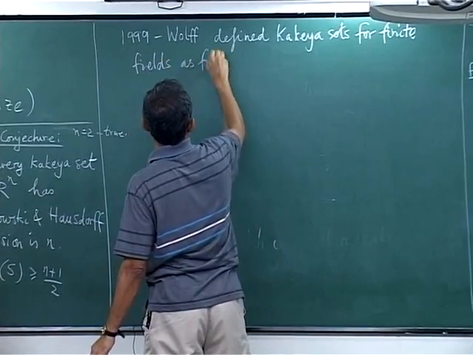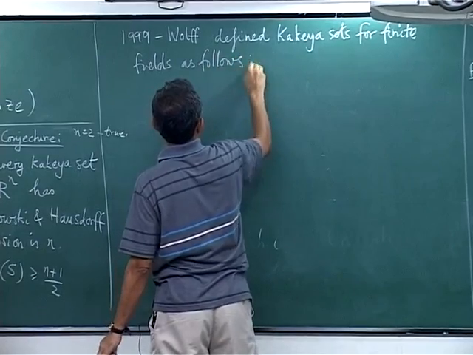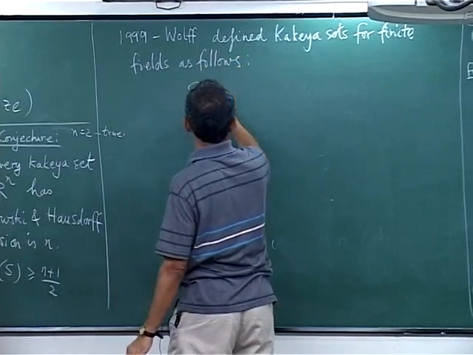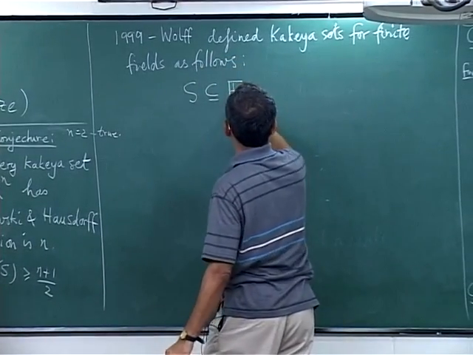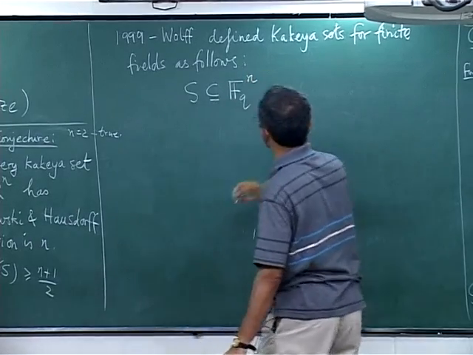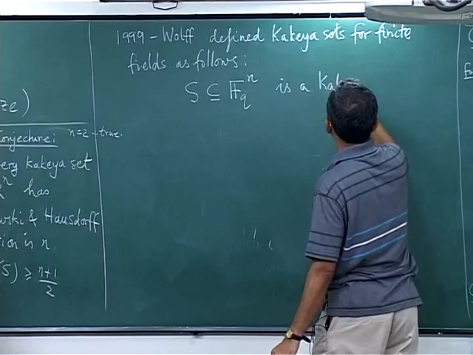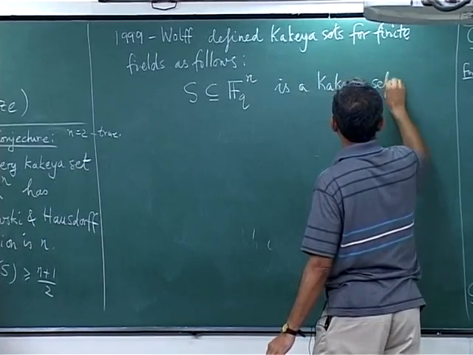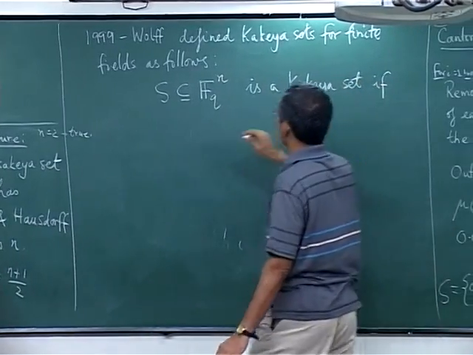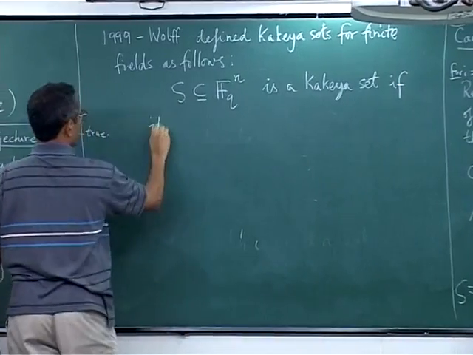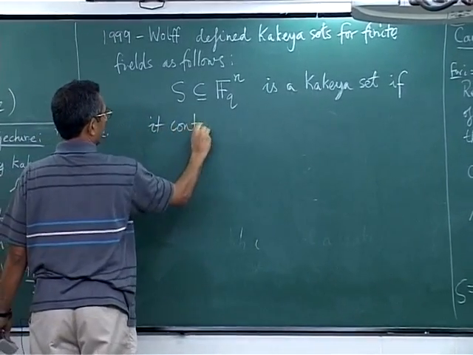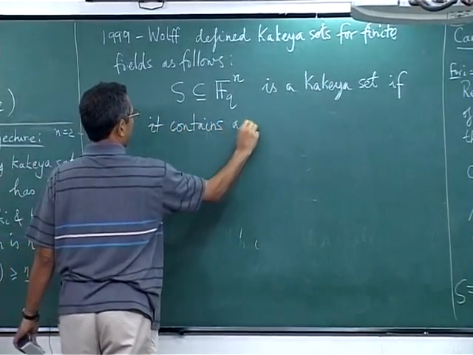This is a natural definition. You say that a subset S contained in Fq power n, where Fq is any finite field, is a Kakeya set if it contains a line in every direction.